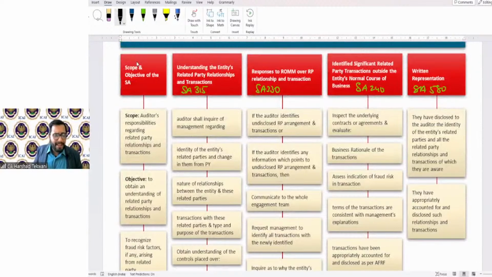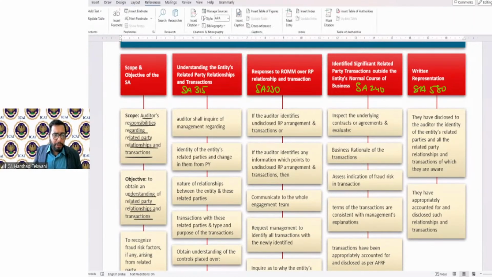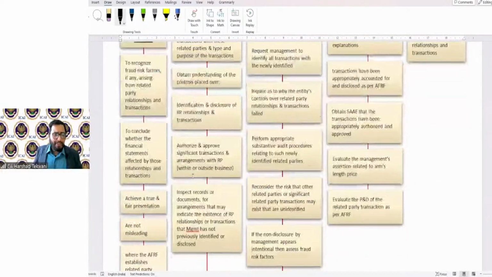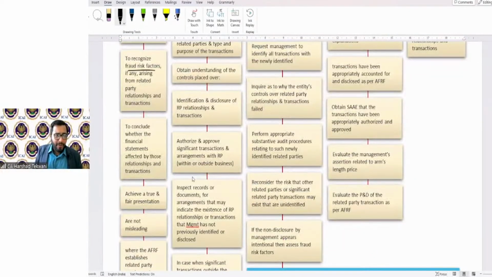As I said, the scope of this standard is the auditor's responsibility regarding related party relationships and transactions. The objective of the auditor is, number one, to understand the related party relationships and transactions, applying SA 315. Number two, recognize the fraud risk factors, if any, arising from the related party transactions, applying SA 240.